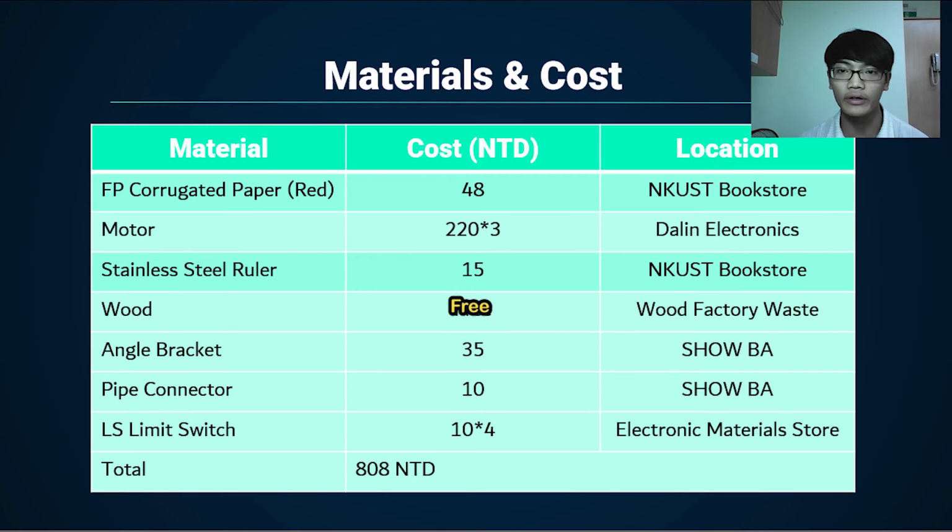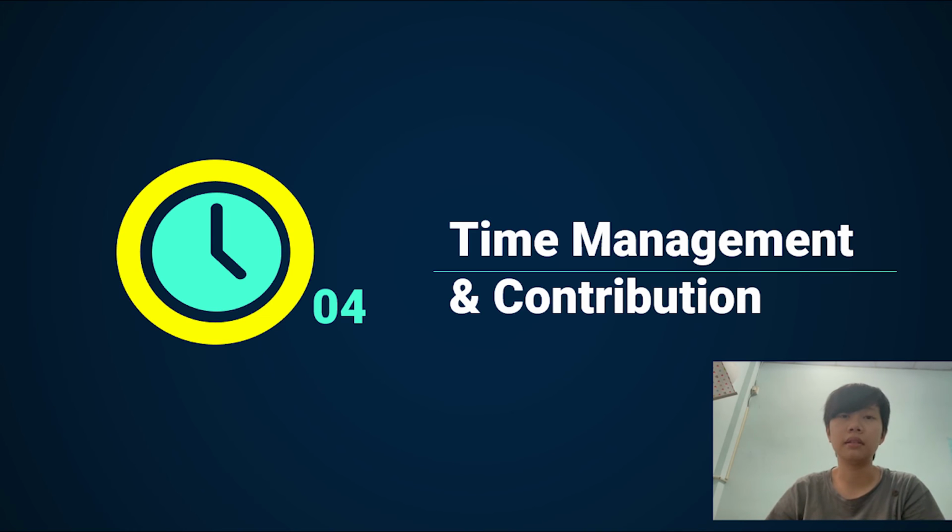Wood, cost free in Wood Factory West. Angle bracket, cost $35 in Shopee. Pipe connector, cost $10 in Shopee. LS limit switch, cost $40 in Electric Magnetic Store. Total cost $808.